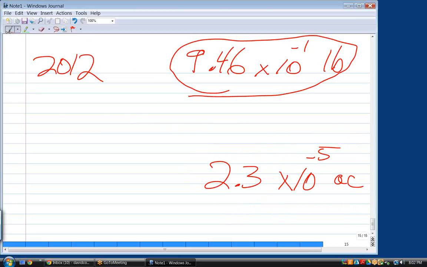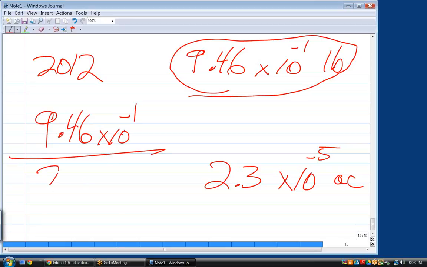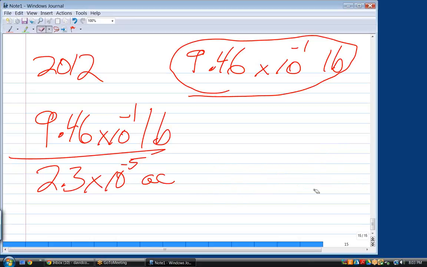So to figure out pounds per acre, what would I do? I would divide, right? In other words, if I have 9.46 times 10 to the minus 1 pounds over 2.3 times 10 to the minus 5 acres, the thing is to make sure you end up with pounds per acre.